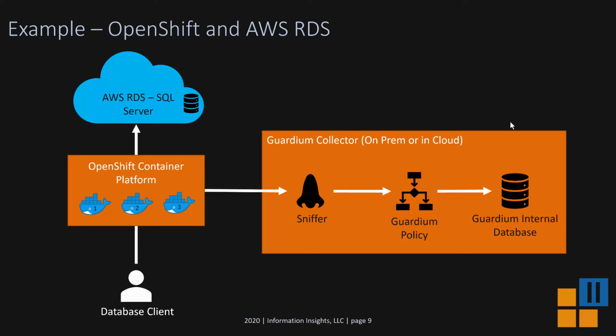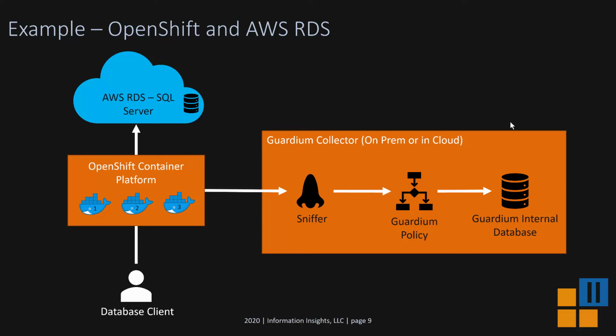So the example I'm going to show you here is with OpenShift. These proxies run in containers, and the containers you can either run on just a regular Linux machine. That's up to you if you wanted a bare bones simple deployment, or you can use an orchestration platform like Kubernetes.